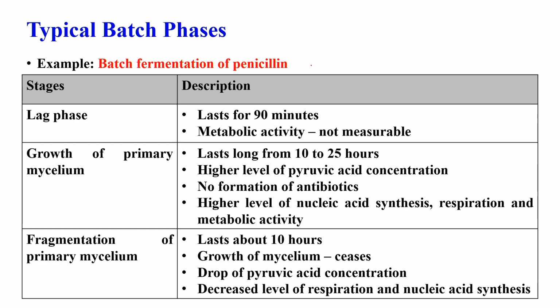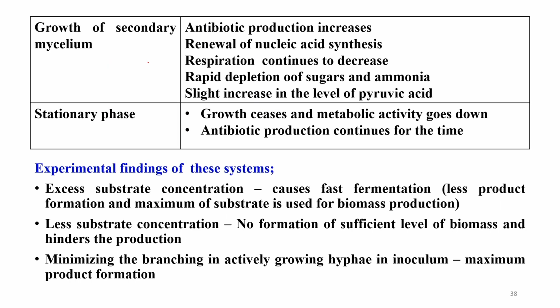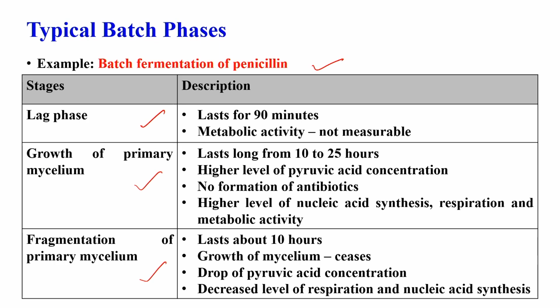Let us see the batch fermentation data for penicillin. It has a lag phase, then growth of primary mycelium, then fragmentation of primary mycelium, then growth of secondary mycelium, followed by the stationary phase. Typically, this growth pattern is very different from bacterial growth kinetics.